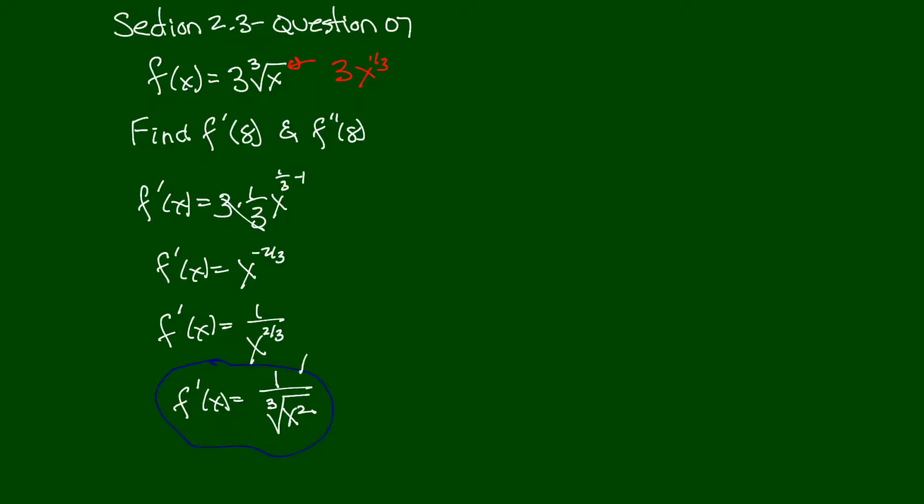And now let's put an 8 in here, so we're going to get f prime of 8 being 1 over the cube root of 8, but I'm not going to write that 2 in here. I'm going to write it outside. I can write it either way, inside or outside. Easier to compute outside. So this will give us 1 over the cube root of 8.